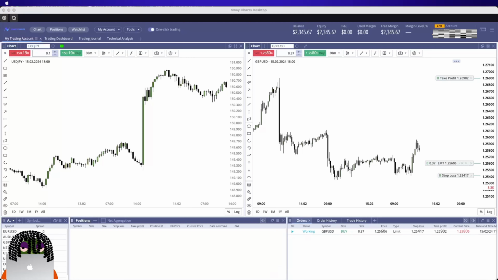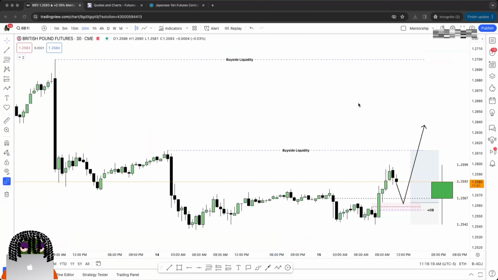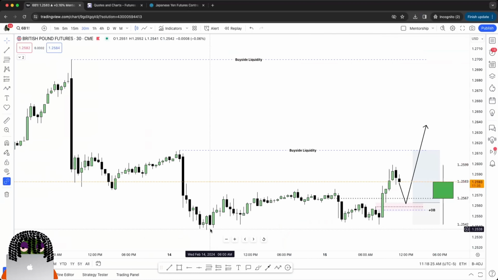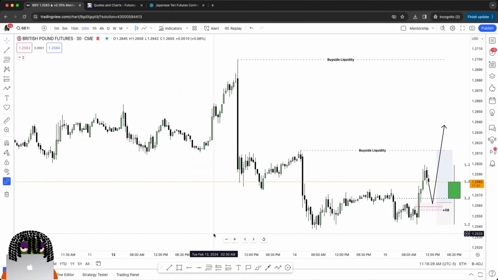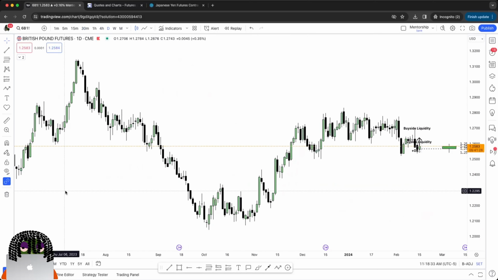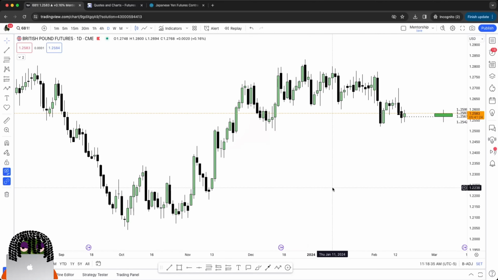Give me a second. So yeah, anyway, I traded lower. You see that? Traded lower here, and then when I look on the daily, let me see the daily.